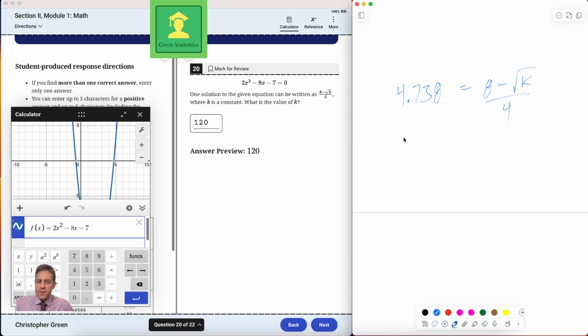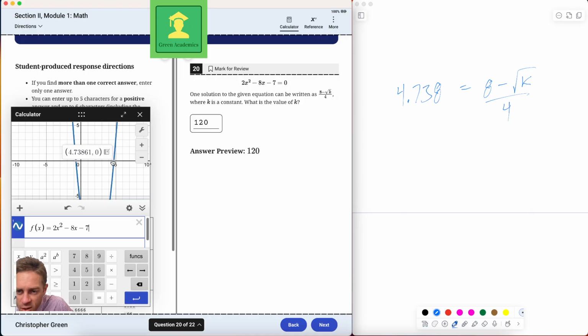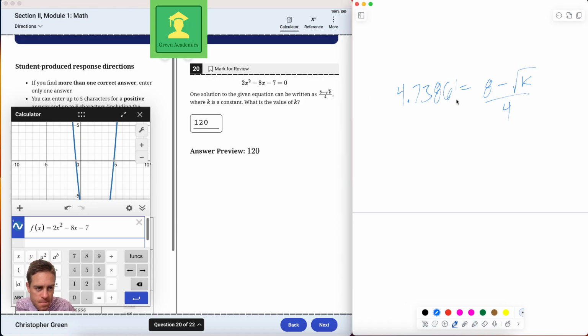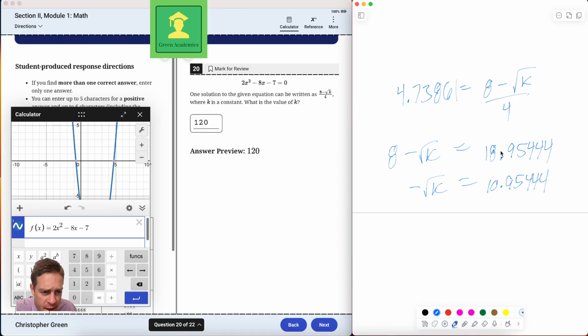Now, because of rounding, it's going to be a little bit tricky. In order to be more precise, let me copy all of the decimal spots, 4.73861. And then I'm going to cross multiply. So 4.73861 times 4 is 18.95444. And then subtracting 8 from that gives you 10.95444.